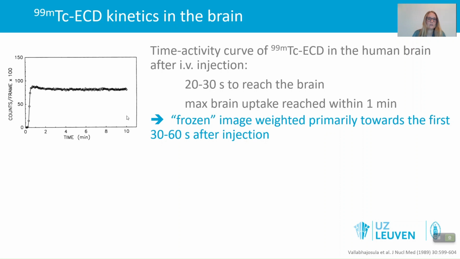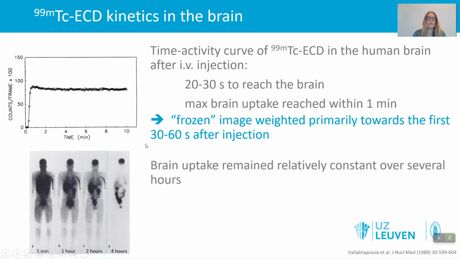Then if we see how long this tracer remains stable in the brain, or the brain uptake, we see that if subjects were scanned at several time points after injection, up to 4 hours we have a quite stable, a similar image of the brain.